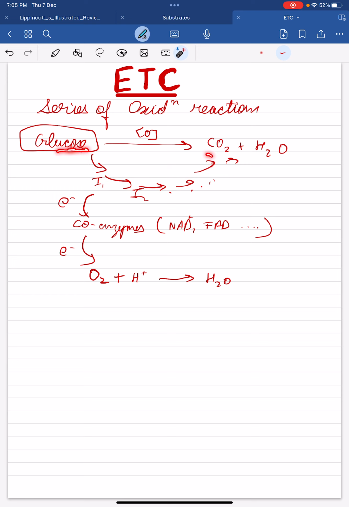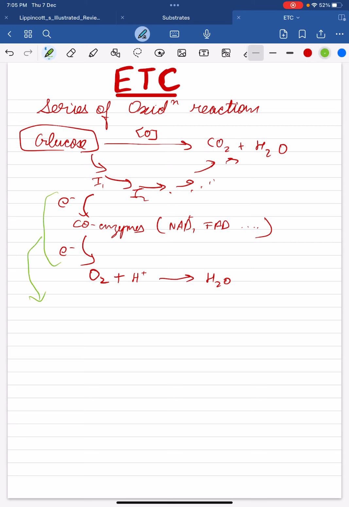Now, during this process of passage of electrons from the intermediates of oxidation of glucose to carbon dioxide and water, the electrons are transferred through various steps ultimately to oxygen, and in this, the electrons, as they are passed, actually lose their energy.